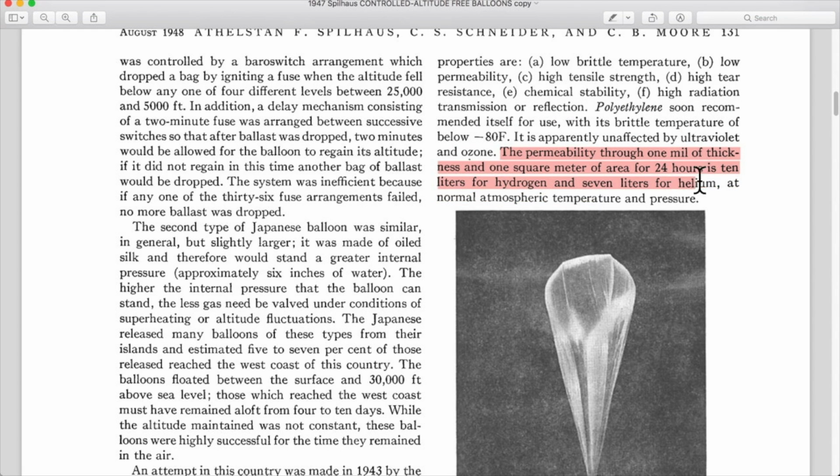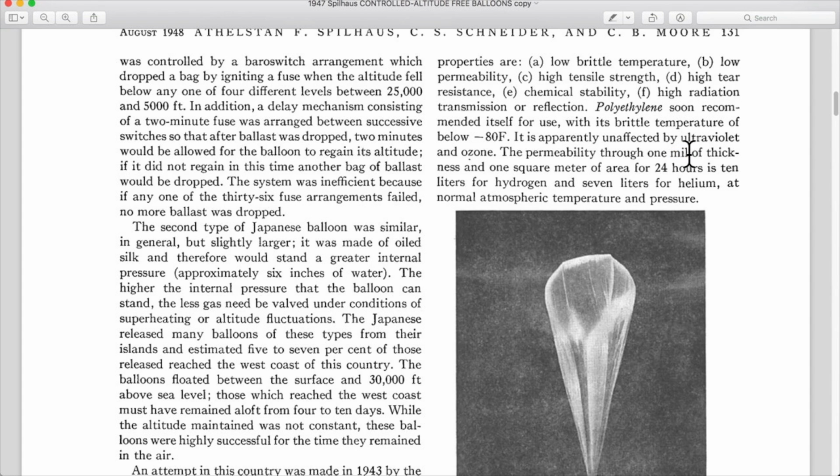So the permeability through 1 mil of thickness. In these old papers, the imperial system of measuring thickness of very small dimensions often referred to things in mils. That's MIL. This actually refers to 1/1000th of an inch. That's very confusing because it does not refer to millionths of an inch, nor does it refer to millimeters.